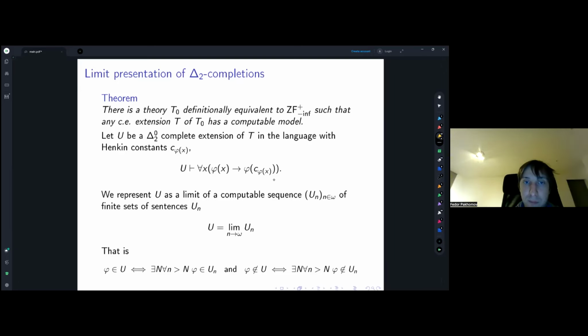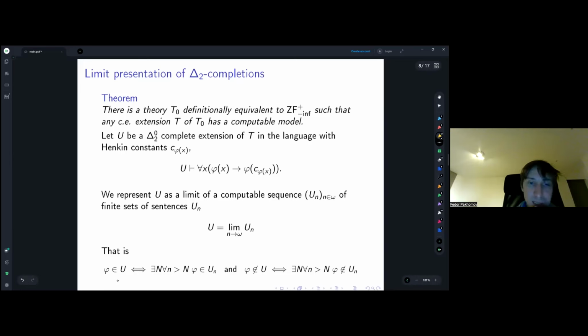As soon as we have this delta-two completion, then as usual in computability theory, any delta-two set is a limit of a computable sequence of finite sets.